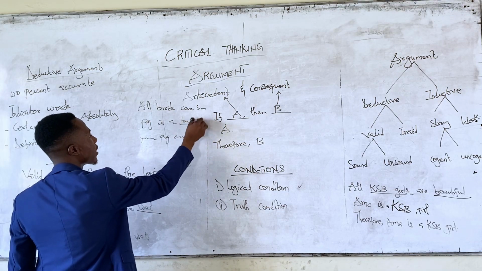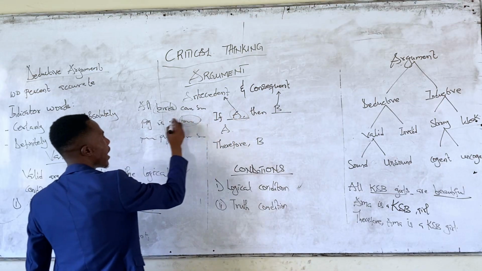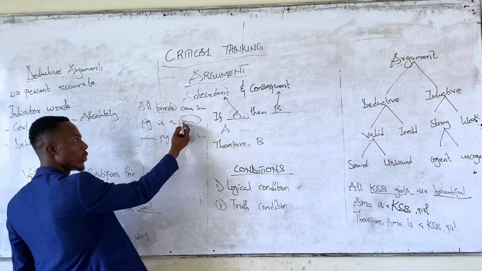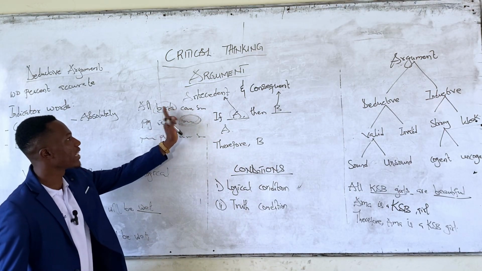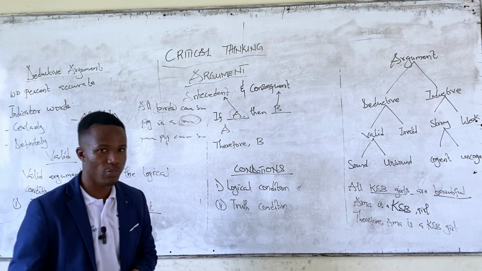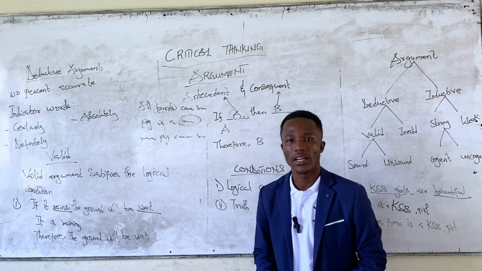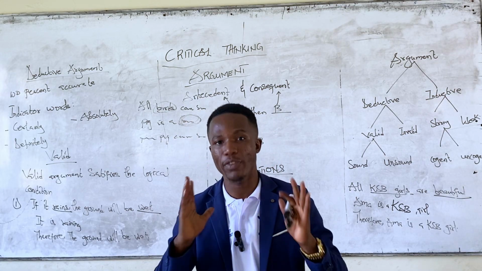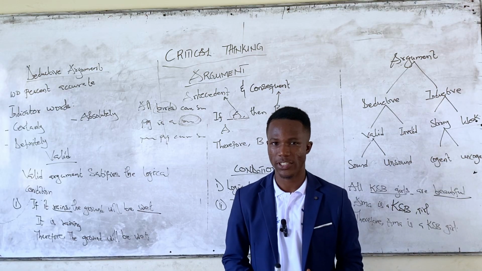You see the bird here is here. So the A that you are seeing here has now been established in the second premise. So whether it is true or false, because it is following this pattern, it is valid or logic. So have it in mind that all valid arguments are either true or false. Do you get it? I hope you get it now.